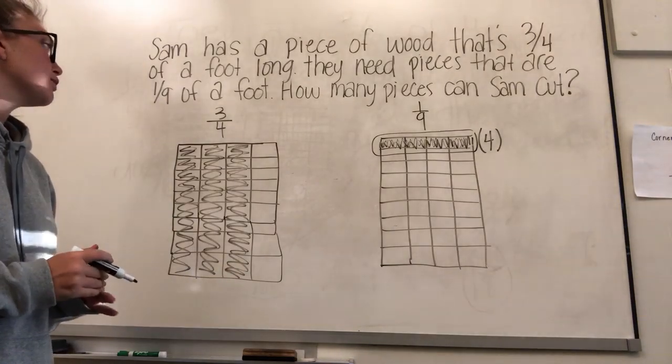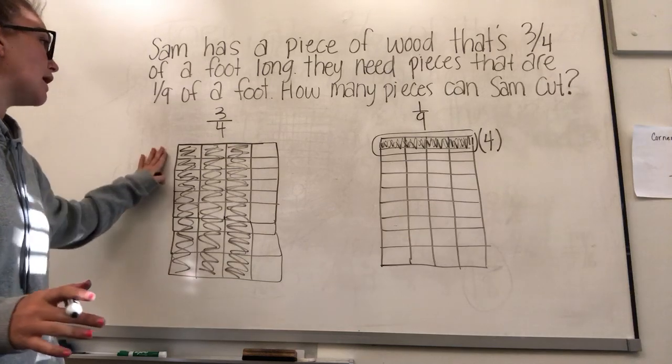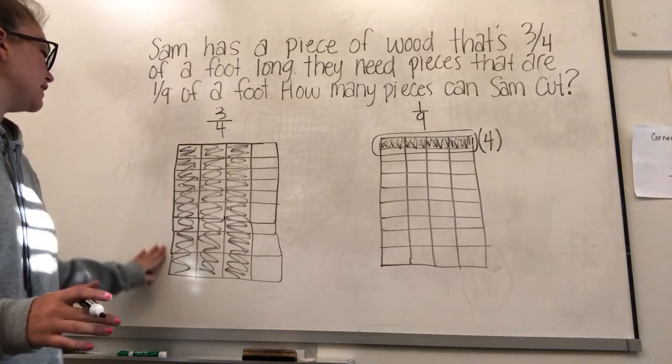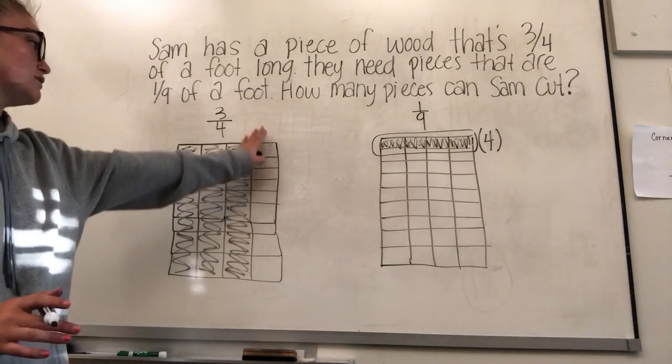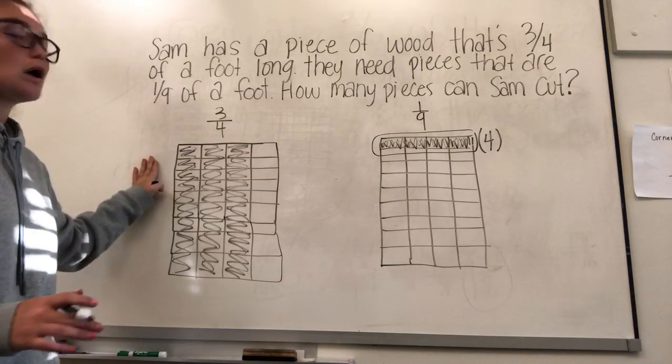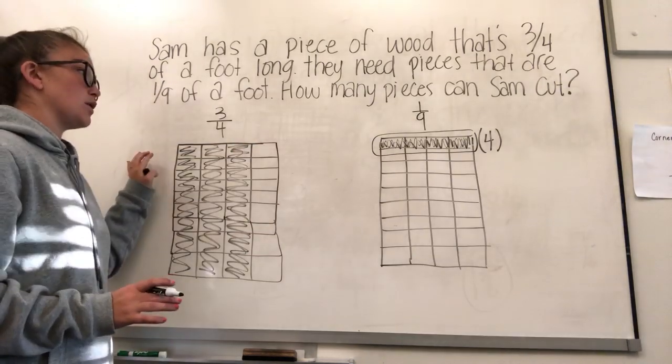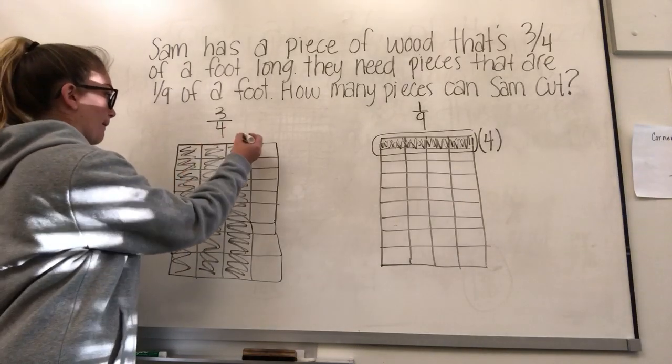So I want you to work with your partner if you need to figure out how many 4s we have in this that we shaded. We're not going to use this bar right here because we didn't fill in this column. So go figure out how many 4s are in this column.